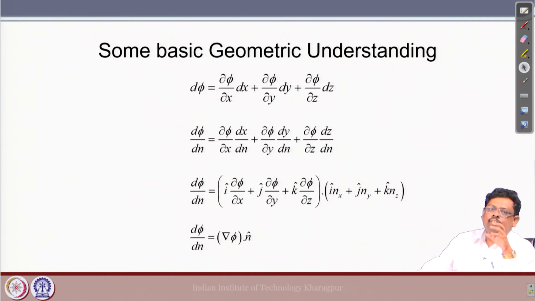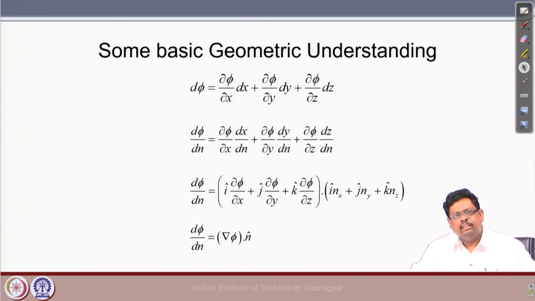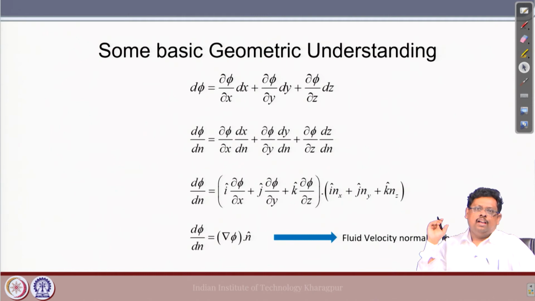So, when I say the component of the velocity in some direction or in the normal direction, normally you are going to use grad phi dot n. So, understand that it is the component of the velocity along the direction of n. Okay. So, this is one thing that you have to understand. I know that all these things are known to you, but still I just discussed this. Okay. So, that is what I said, the fluid velocity normal to the surface.